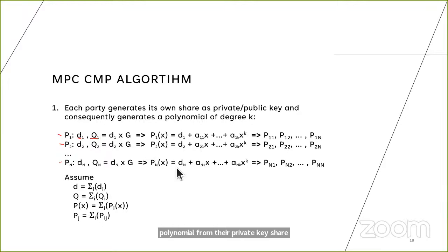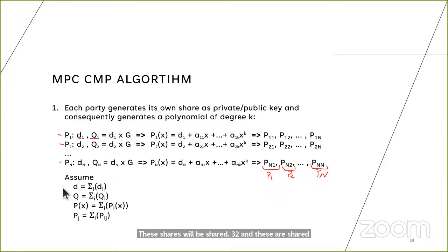So we have n polynomials. And from each polynomial, they extract n points, and each party shares one point with each other party. So these points are shared with party 1, these shares with party 2, and these with party n.